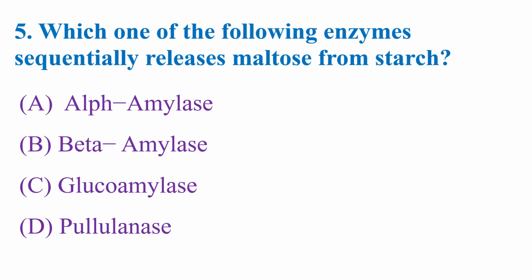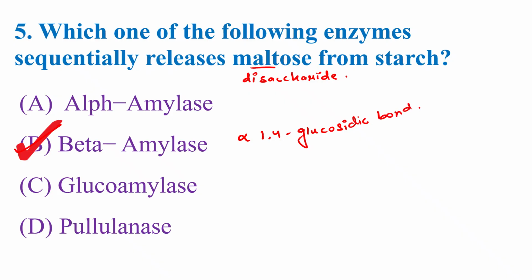So maltose is a disaccharide, and the enzyme that sequentially releases maltose is beta amylase, that is option number B. Since it will cleave the alpha 1,4 glycosidic bonds from the non-reducing end of the starch, and that is the maltose unit.